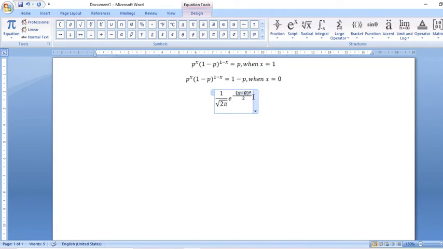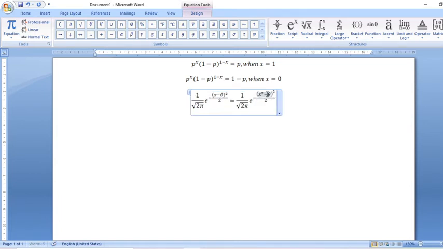This is actually... what is x minus theta square?